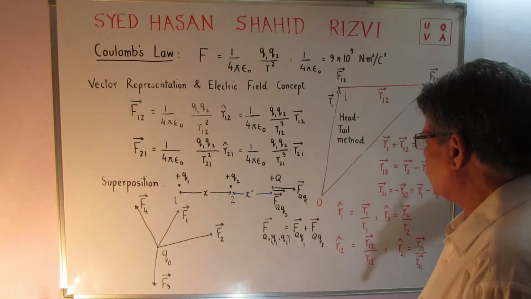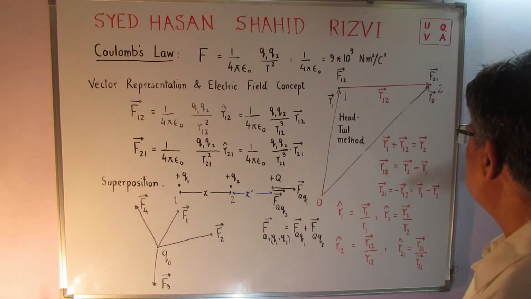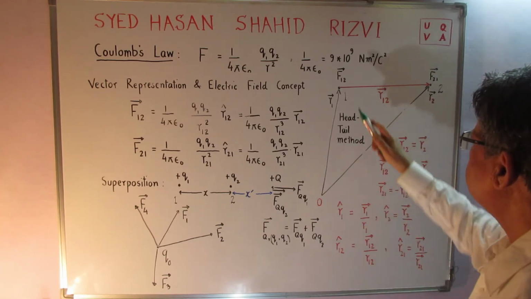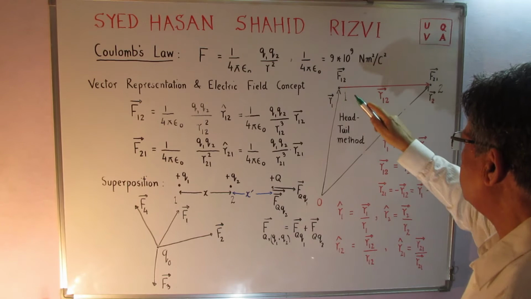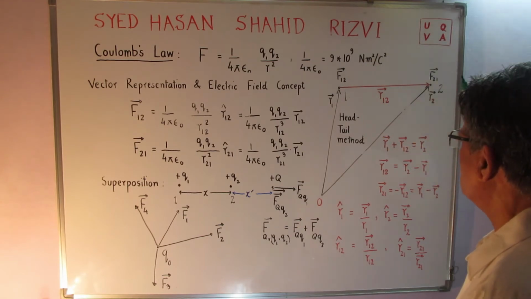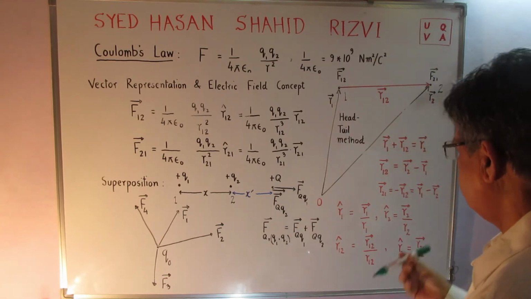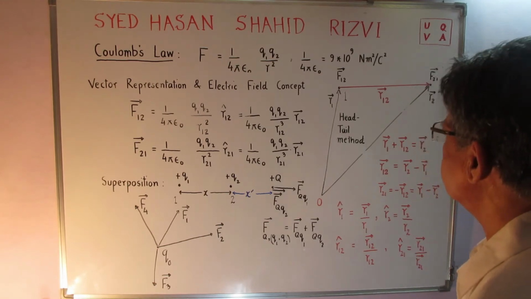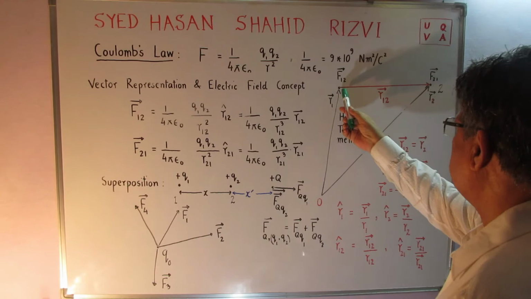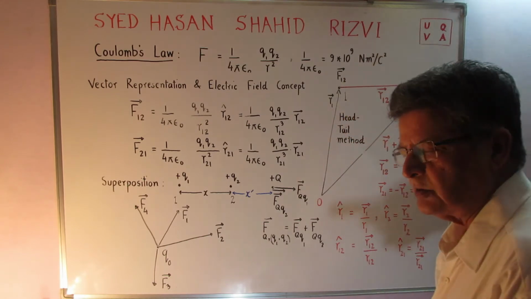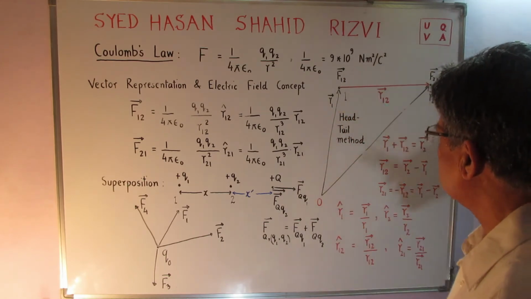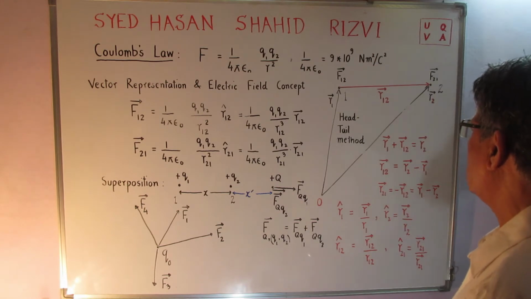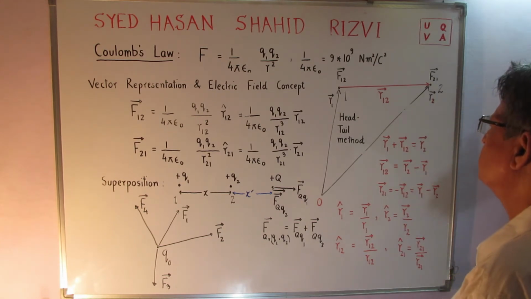Now, let us take these two charges located at point 1 and point 2, with the numbers 1 and 2, and they are at a distance r apart, which has been shown over here as a vector quantity r12, like that.